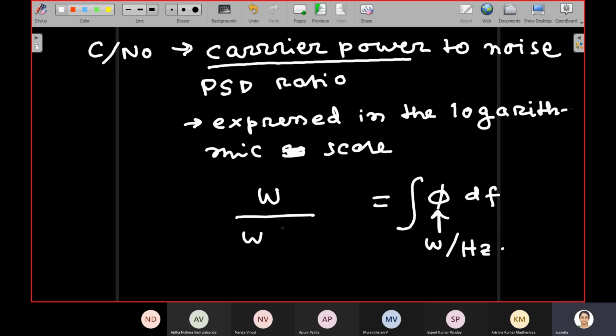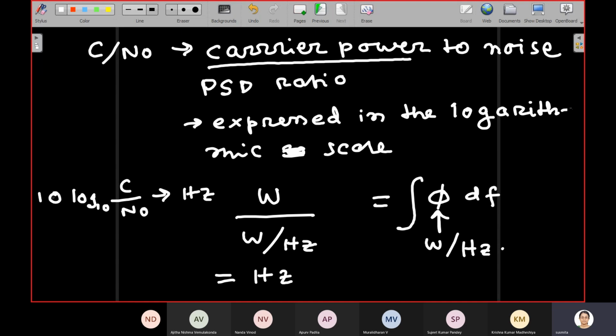So we have watt in the numerator and watt per hertz in the denominator, and that will give us hertz. Now since we are taking a logarithm, the actual ratio C by N naught has unit hertz, and then we are multiplying log 10 and then 10 outside. So this gives dB hertz. This is why the unit of C by N naught is dB hertz. So you will see 40 dB hertz, 30 dB hertz, 25 dB hertz, and so on.